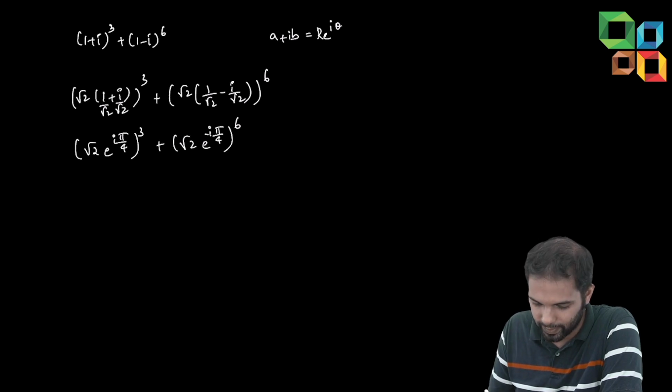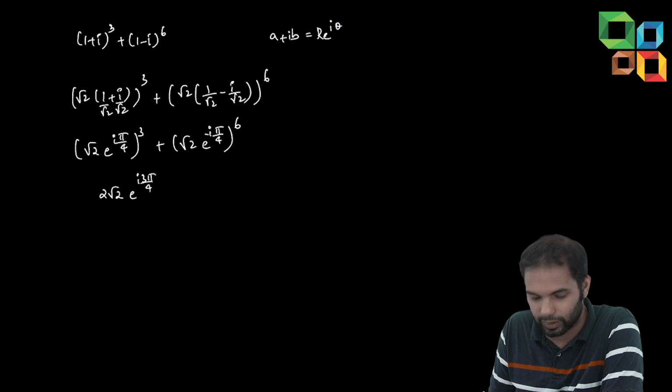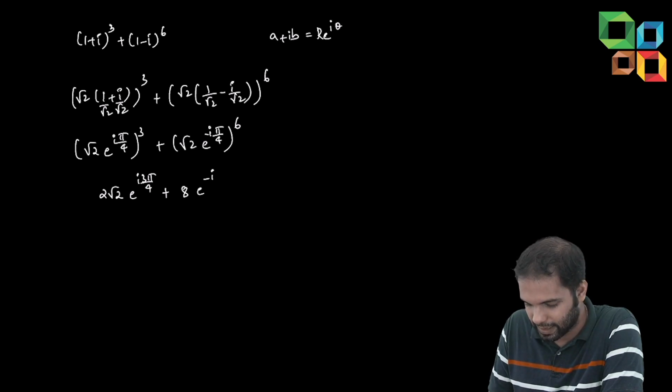Now can you see the problem has reduced to, root 2 power 3 is nothing but 2 root 2 e power i 3 pi by 4, plus root 2 power 6 is 2 power 3, which is 8 e power minus i 6 pi by 4. So again, you can simplify this. This is 3, this is 2.